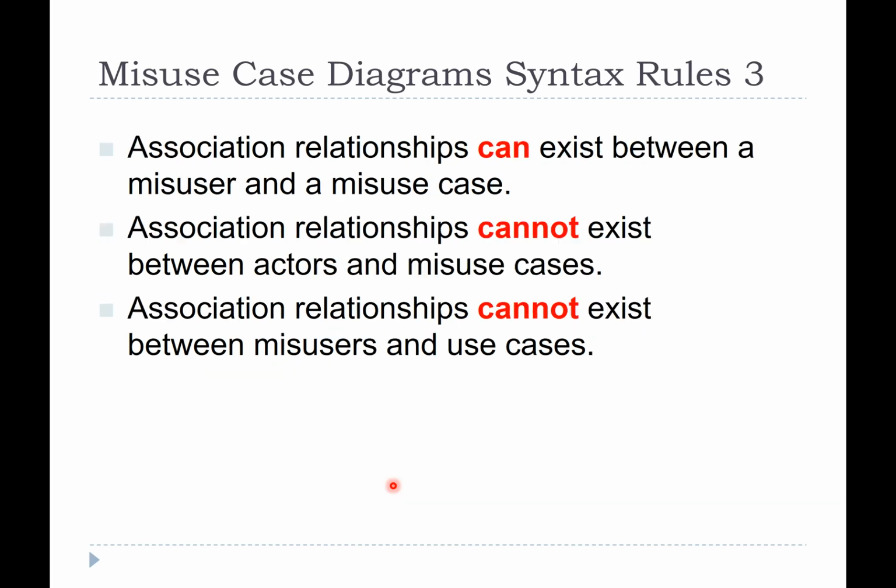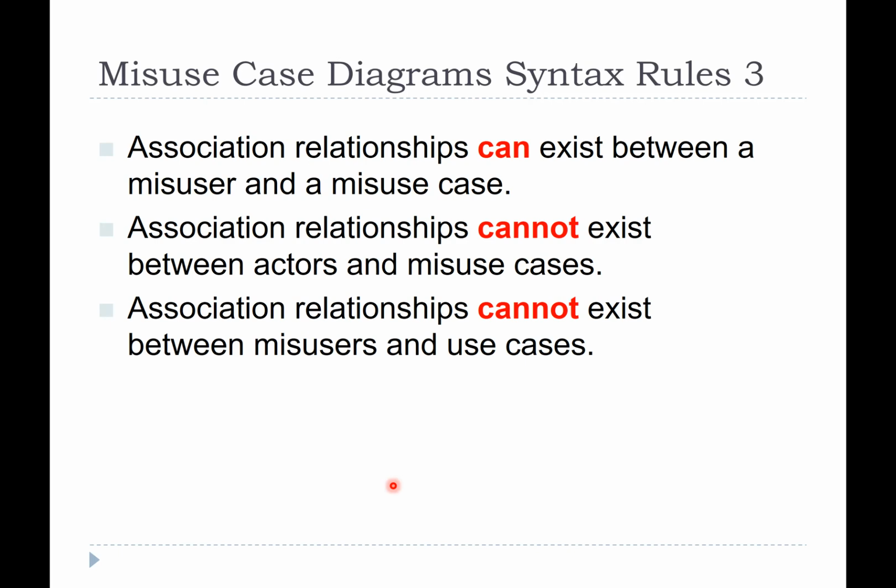All right. Associations can exist between a misuser and a misuse case, just like it does between an actor and a use case. It cannot exist between a misuser and a use case, and it also cannot exist between a regular actor and a use case.